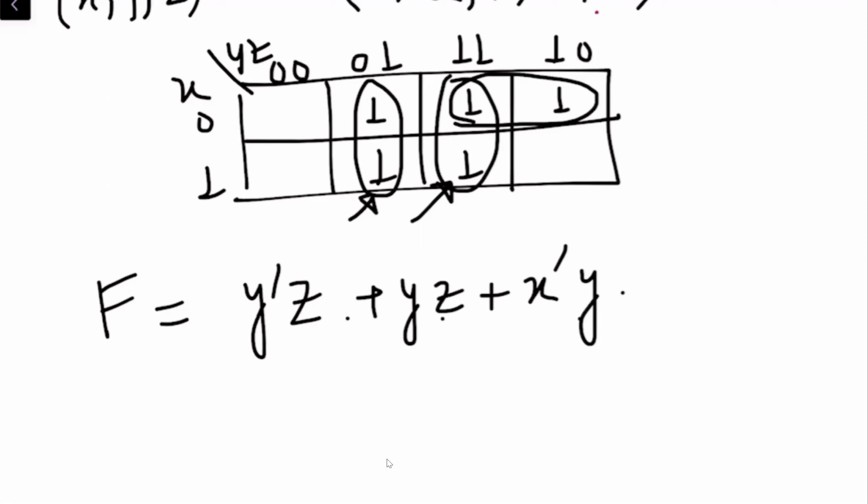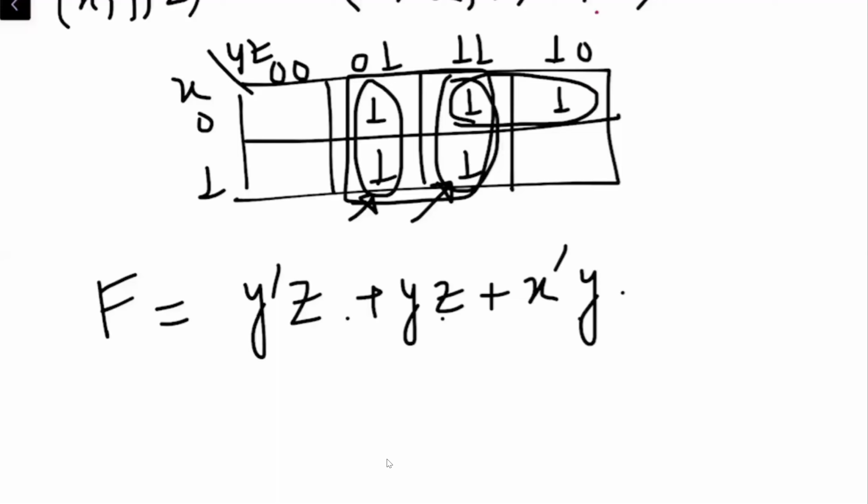Yes, sir. Or I can do another thing. I can make a group of four out of the two vertical groups. Instead of making two vertical groups, I can make a group of four.